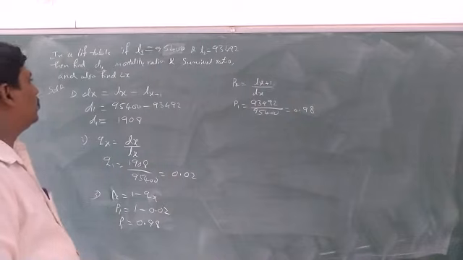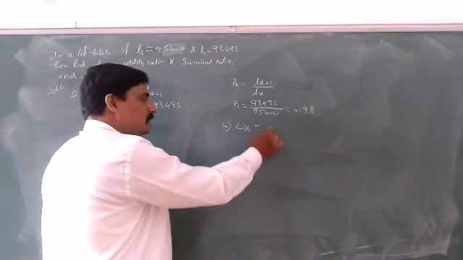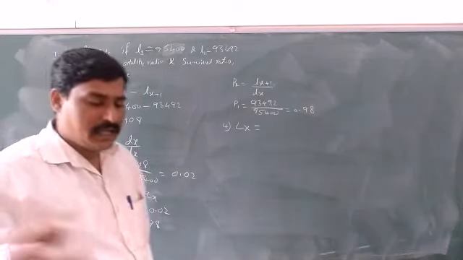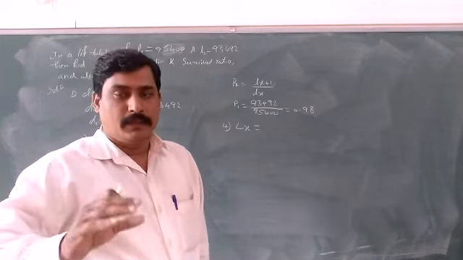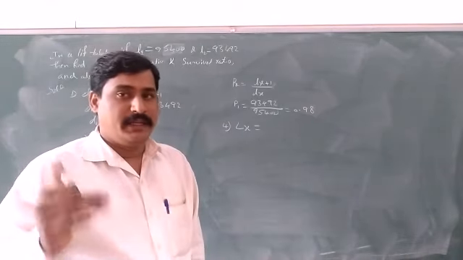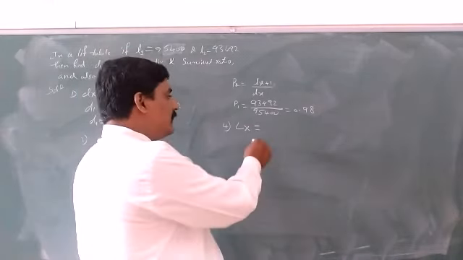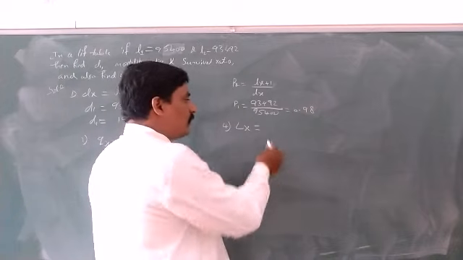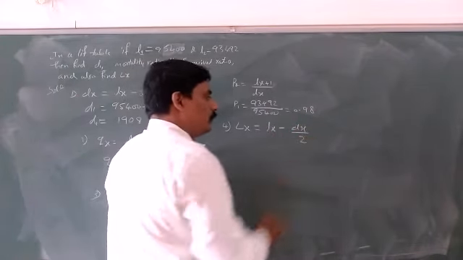And the last question is capital Lx. Fourth question, Lx. Capital Lx is nothing but the average number of persons who lived during the year, that is, the average of the population at the beginning of the year and at the end of the year. So one formula is Lx minus dx divided by 2.